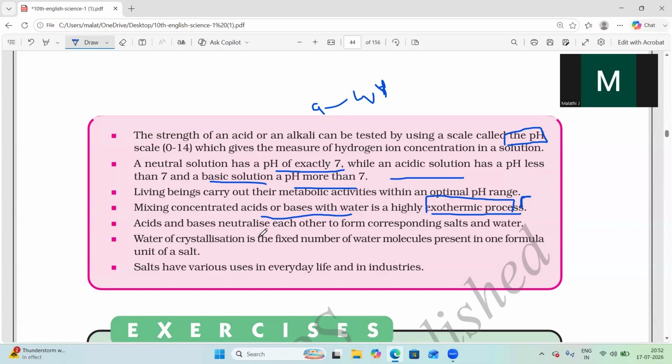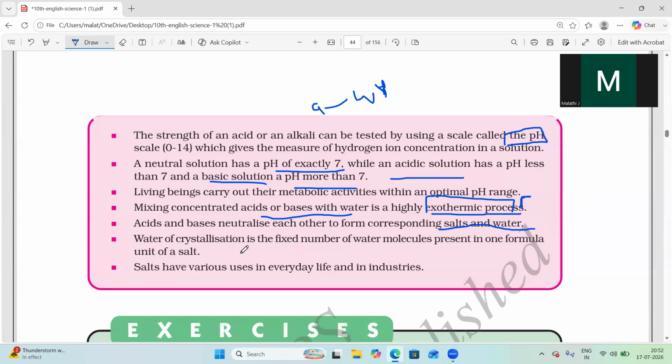Acids and bases neutralize each other to form a corresponding salt and water. We studied this in salts. When there is more acid, we have to add base to neutralize. What do we get from these neutralization reactions? Salt and water. Salts are formed in all these chemical reactions.